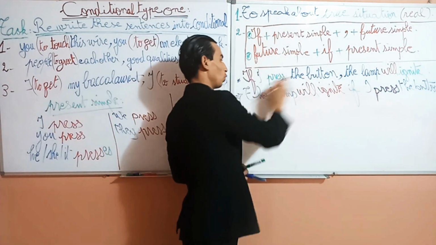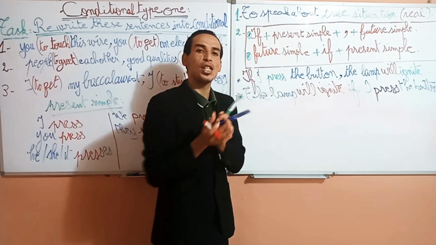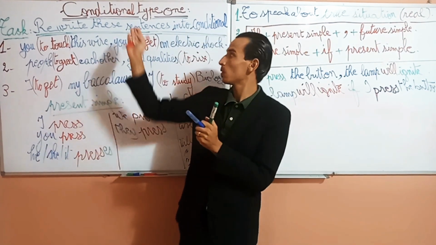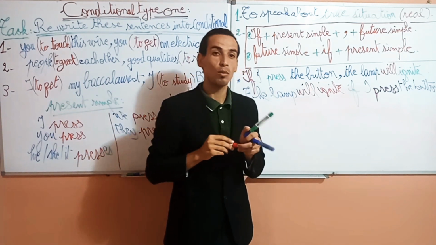Now we have two different ways how to write sentences in a conditional type 1.